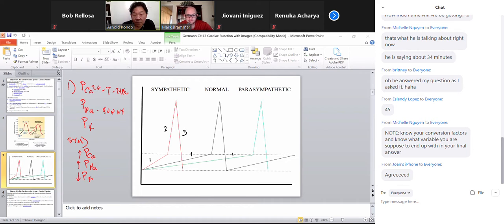And then on the exact flip-flop side, if we want to go into parasympathetic activity, if we want this heart rate to slow down, what would we have to do to calcium and sodium versus potassium now? Both calcium and sodium would have to go down, and potassium would have to go up.